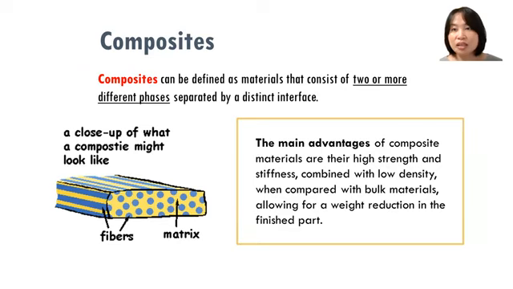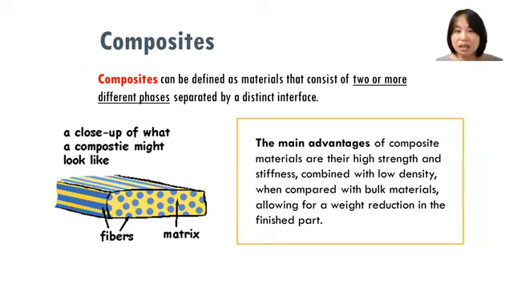And if we picture the composite, if we zoom in, we can see a close-up of what composite might look like. It could be like these blue fibers. They stay in, or are dispersed in, a matrix, the yellow matrix, a continuous matrix.